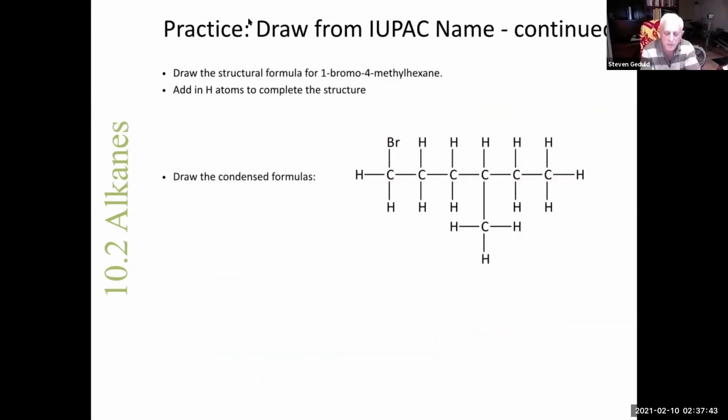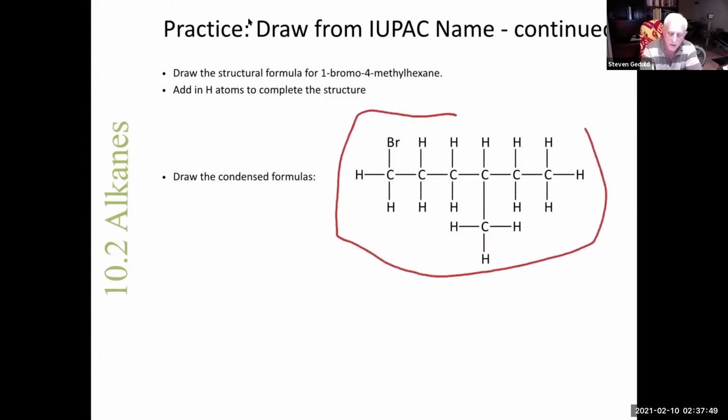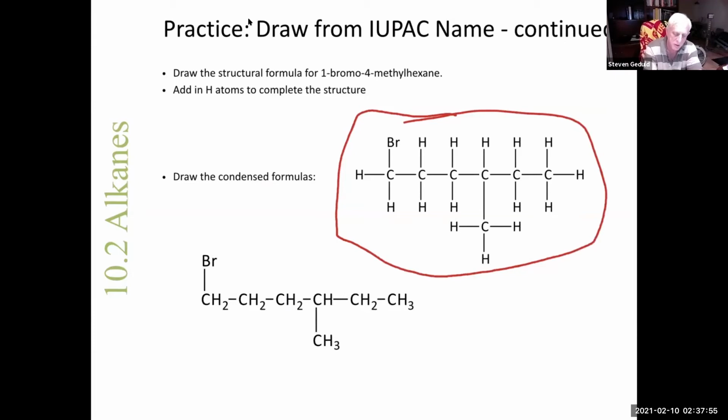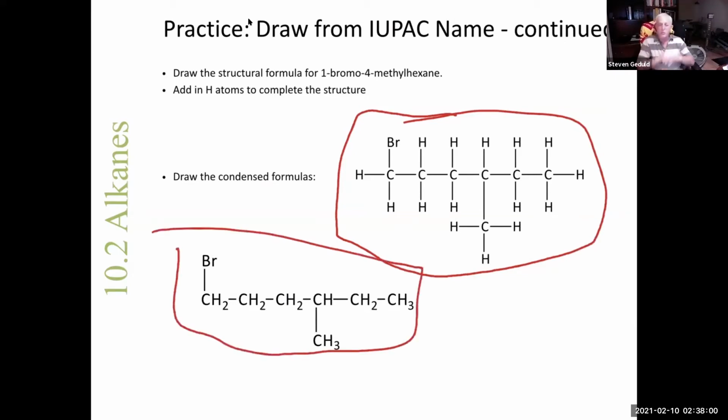So draw the structural formula for 1-bromo-4-methylhexane. That was the thing we just did. So here's our condensed formula. Okay, that's our structural formula. And there's the condensed. This is what it looks like as your condensed formula. So those are 3 types of formulas you need to know. Structural formula, which is this one.